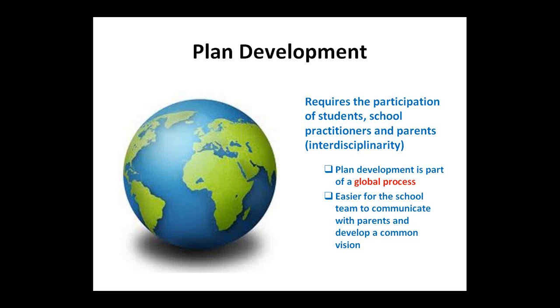We will talk about it, have a clear vision of where we're going, and then have a written plan and monitor the intervention after that process. But we don't go in without that process being put in place. So why? Because that facilitates communication between everyone involved in that student's life.